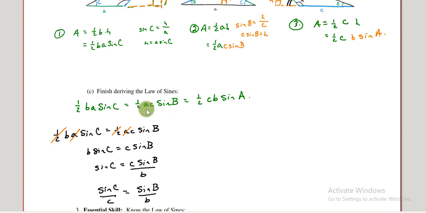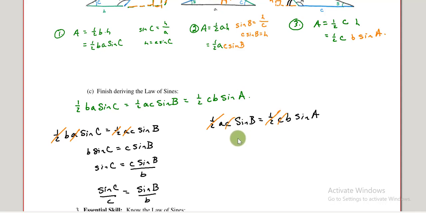Okay. Now what I'd like to do is go ahead and grab the second two equations and set them equal to one another. So we know 1/2 ac times the sine of B is equal to 1/2 cb times the sine of A. In this case, the 1/2s still divide out, but in this case the factors of c divide out.